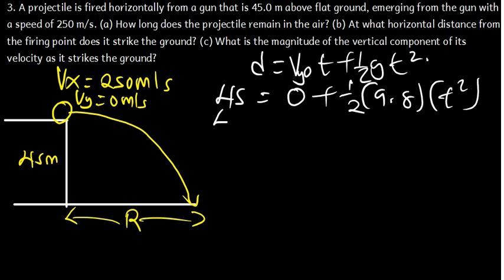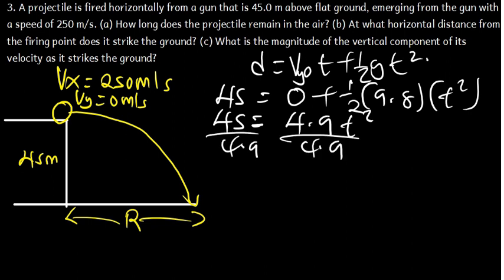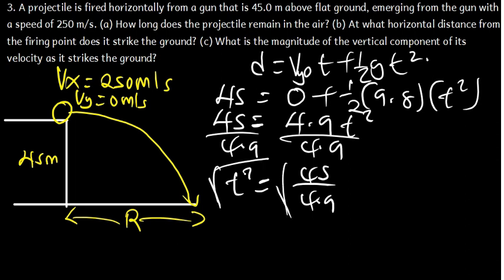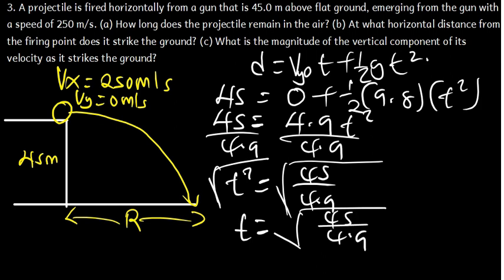So 45 is equal to 1 over 2 times 9.8, which gives me 4.9 t squared. We divide both sides by 4.9, so t squared will be equal to 45 divided by 4.9. We take the square root of both sides, and t will be equal to the square root of 45 divided by 4.9.